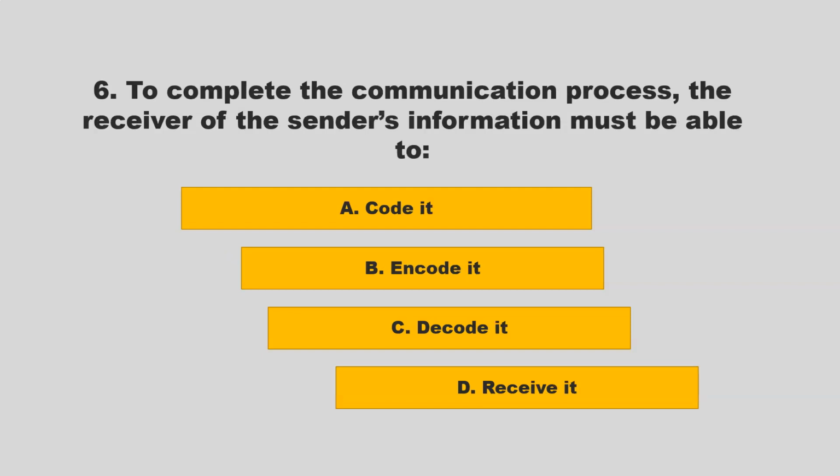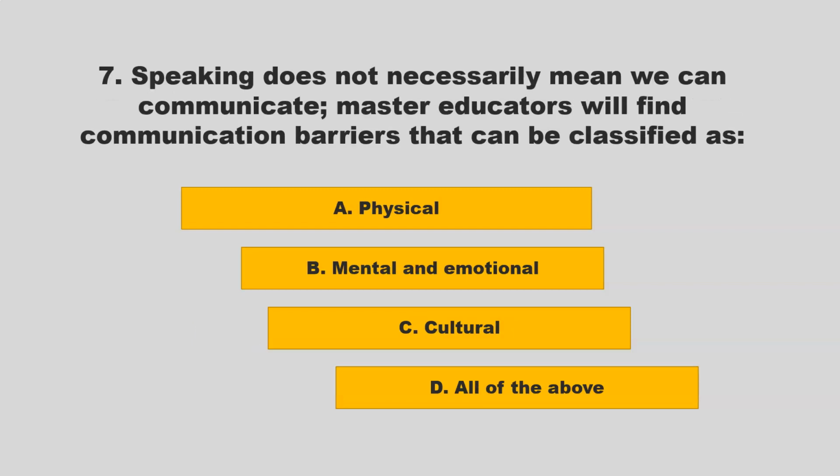To complete the communication process, the receiver of the sender's information must be able to, is it code it, encode it, decode it, receive it? If you chose C, decode it, you are correct.